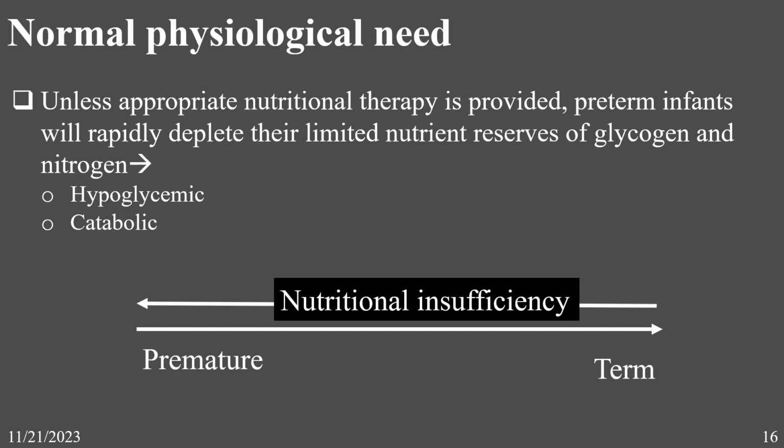Remember that being on CPAP or on a ventilator is not a contraindication for feeding, and it's not a reason to stop feeding. Even if you give feeding and there is a complication, it's better than the complication of not feeding. Therefore, a premature baby easily gets hypoglycemia because they don't have reserve, and easily gets into a catabolic state, starts losing weight and starts to deteriorate.